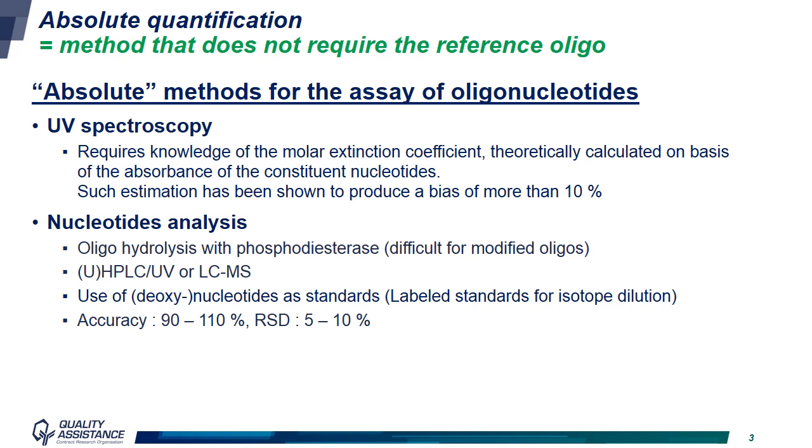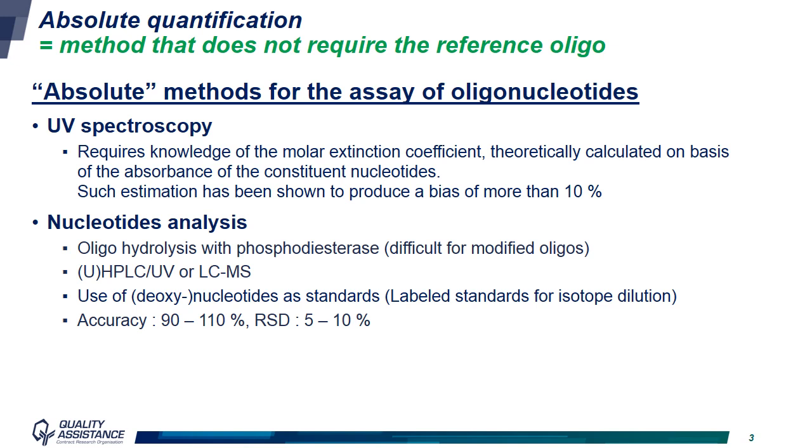Nucleotides can be analyzed after hydrolysis with a phosphodiesterase. Might be difficult for modified oligos. The nucleotides that are freed are now analyzed using HPLC or UPLC with UV or MS detection. One can use nucleotides or deoxynucleotides as standard, or even labeled standard if isotope dilution is used.